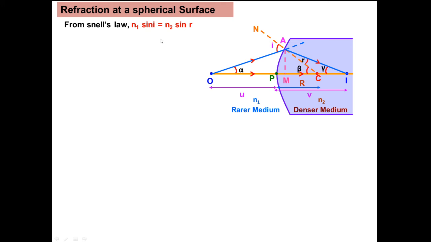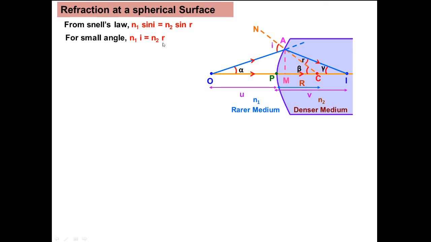If you remember, yesterday we discussed Snell's law. So what is Snell's law? Angle i is in the rarer medium, its refractive index is N1, so N1 sin i. And in the denser medium it will be N2 sin r, both equal.